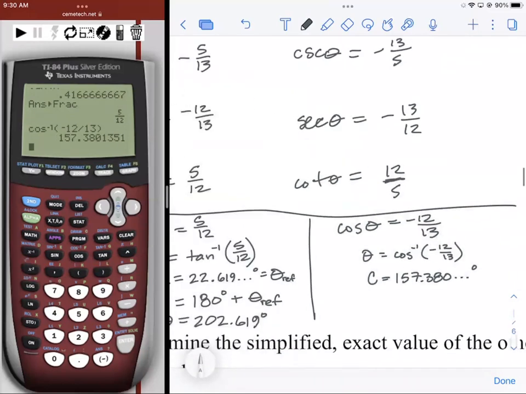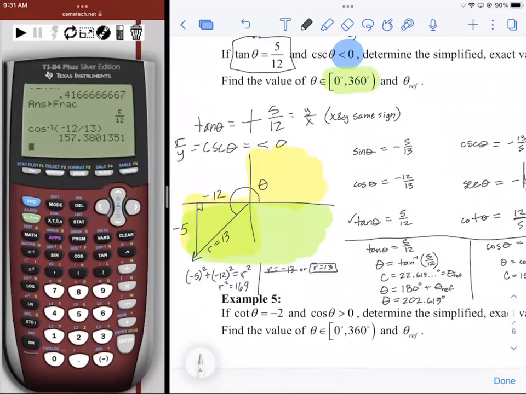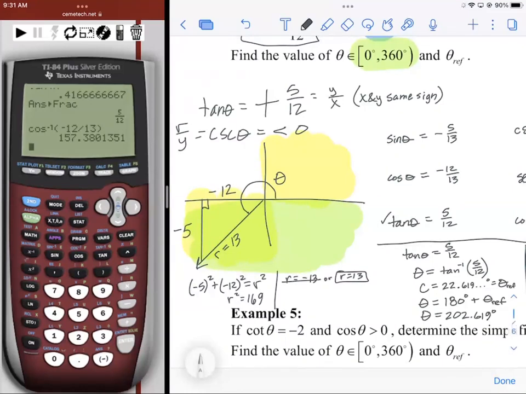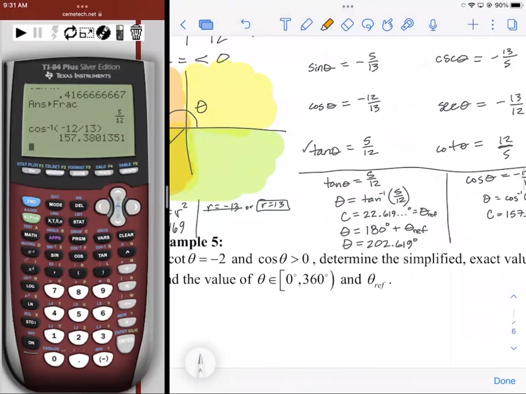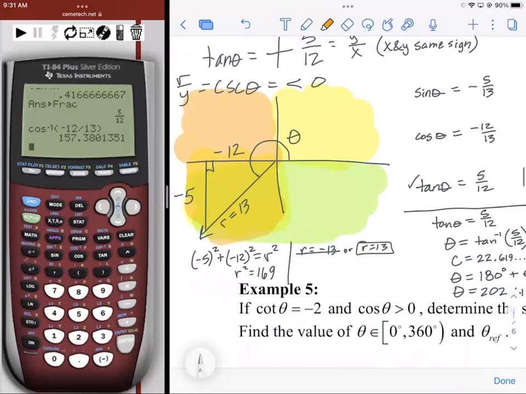No. So which two quadrants is cosine negative in? Cosine is negative when x is negative, right? So cosine is negative in quadrants 2 and 3. I just took the inverse cosine of a negative ratio. I wanted the one that was in quadrant 3, but the calculator's like, I don't know which one you want.